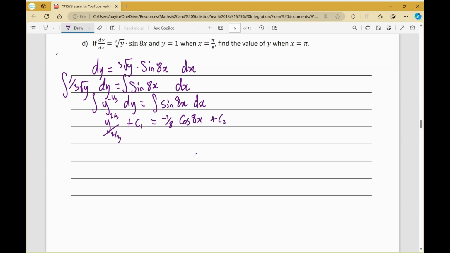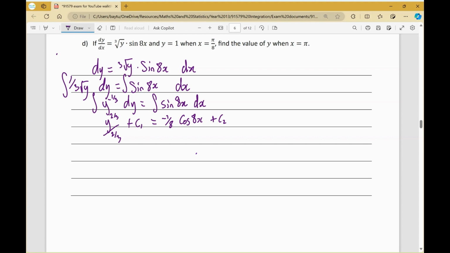With the sine 8x, so sine integrates to cos. And then just remember we've got to divide by the derivative of the argument inside it. So the derivative of 8x is 8. So that's why it got divided. And it's now negative because sine x integrates to negative cos x.